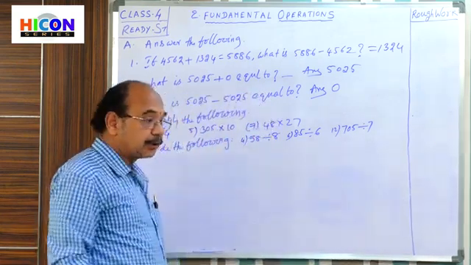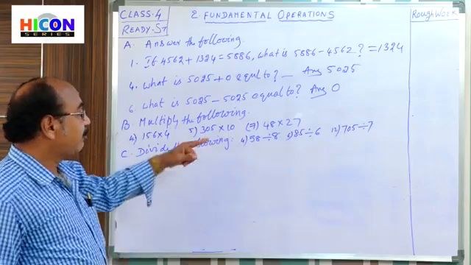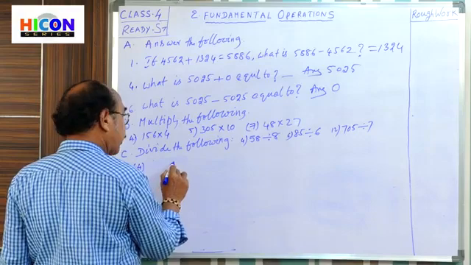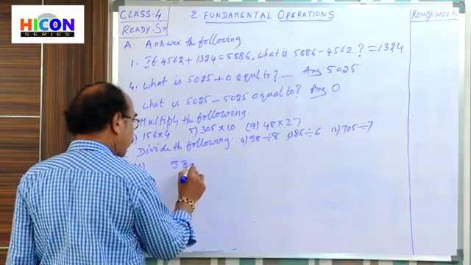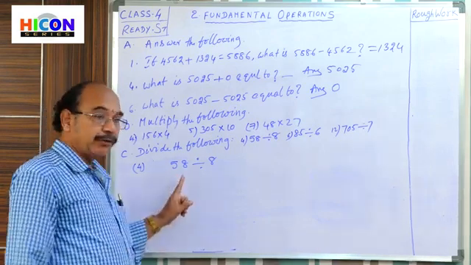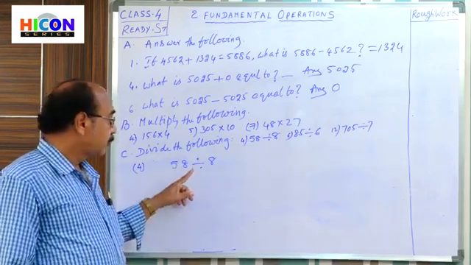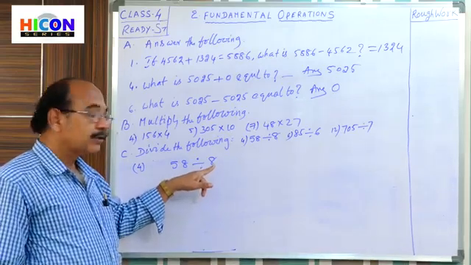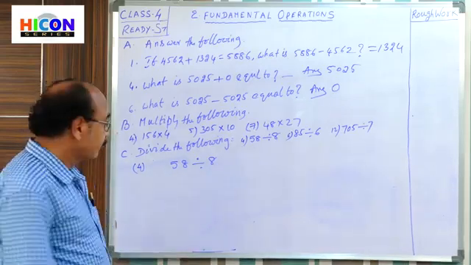Okay. See, children. Divide the following. First one, see. 58 divided by 8. This is the question. So here a two-digit number is to be divided with a single digit 8.